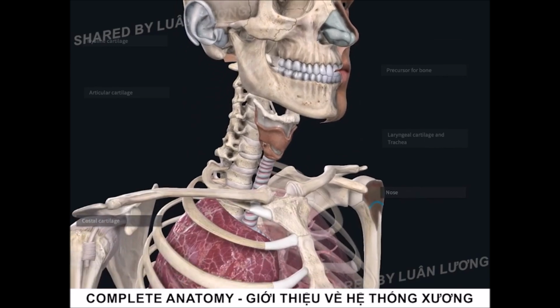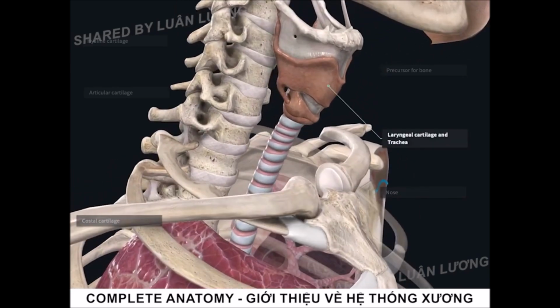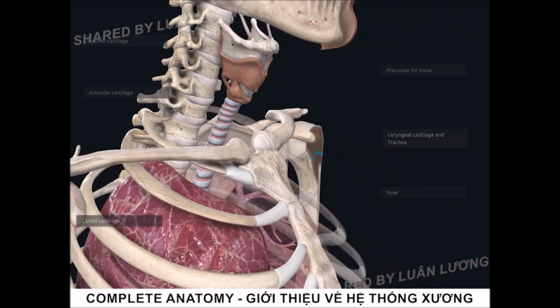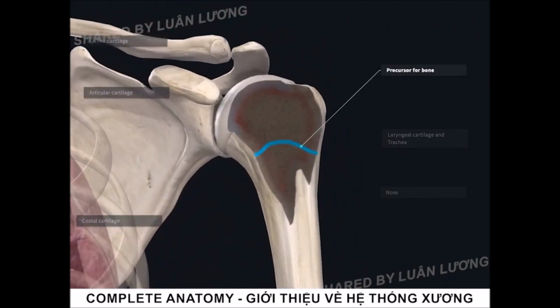We're also going to see hyaline cartilage within our throat, within the larynx, in the laryngeal cartilage, as well as the airway of the trachea. Lastly, we're going to see that hyaline cartilage is the precursor for bone. And what this means is that this is the layer that gets gradually replaced by bone within our growth plates.